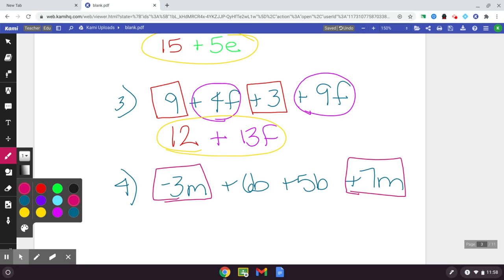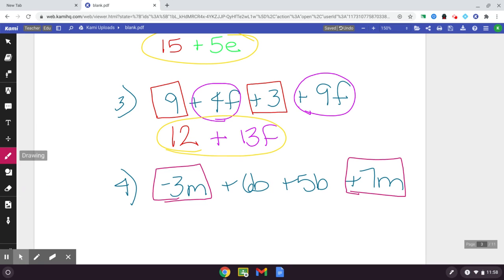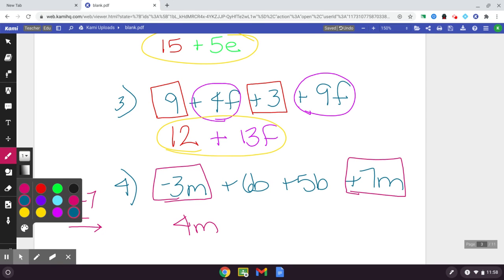So I'm going to combine them. So I need to think negative 3 plus 7. All right, so think about your number line. If you go back 3, then you go forward 7, where would you be? Positive 4m.